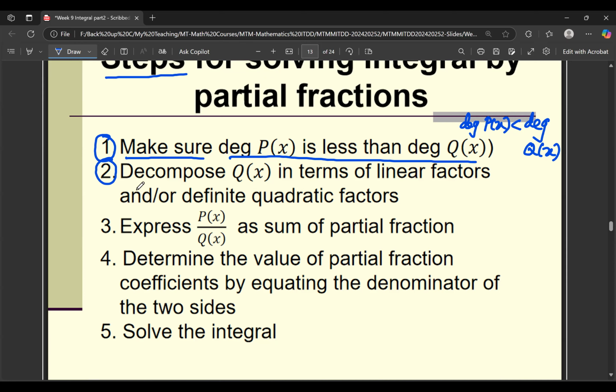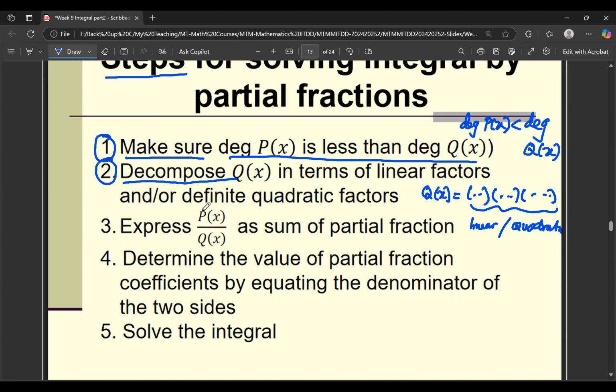After you do the first step, next you must do the second step. What is the second step? Decompose Qx. You must get the factors of Qx, and the factors can be linear or definite quadratic.